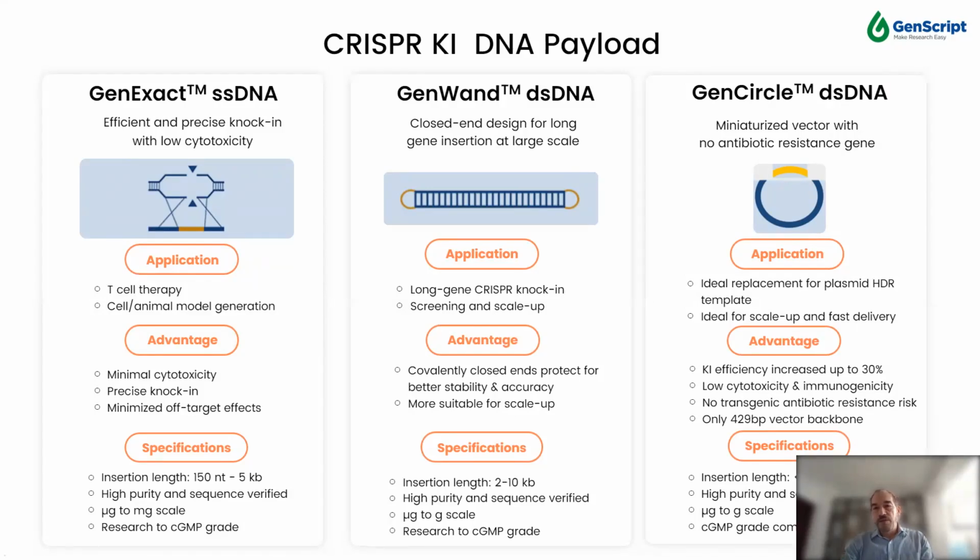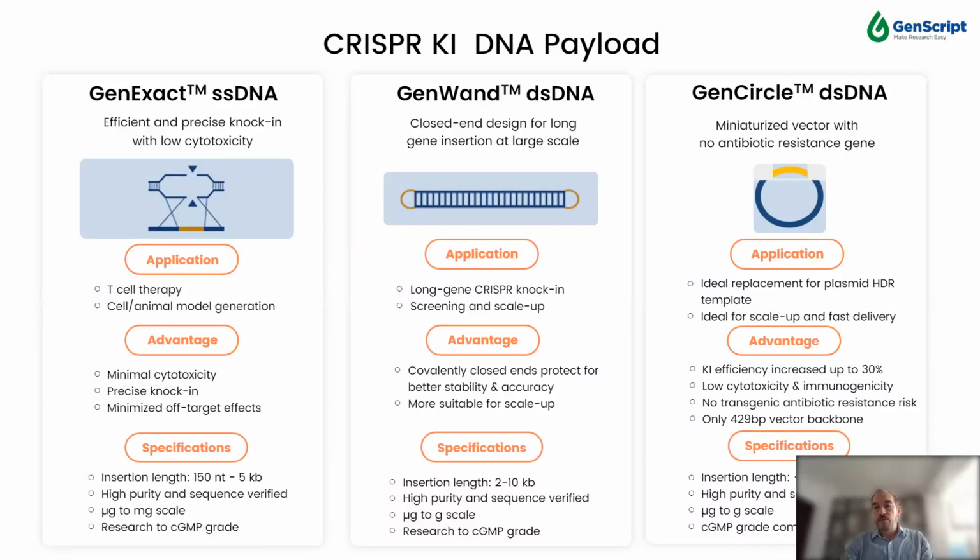And then the GenCircle double-stranded DNA template is very useful for very large fragments, up to 50 kilobases. It's also circular DNA. These vectors are very good for increased efficiency of the knock-in, and they also offer low cytotoxicity and immunogenicity.